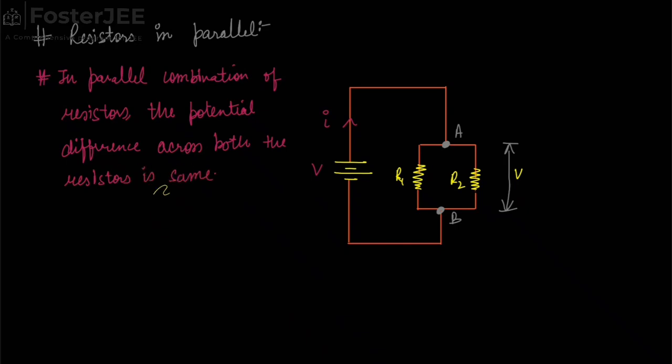Hence, this is the criterion for seeing whether the resistors are in parallel or not. So, in parallel, the potential difference will be the same.